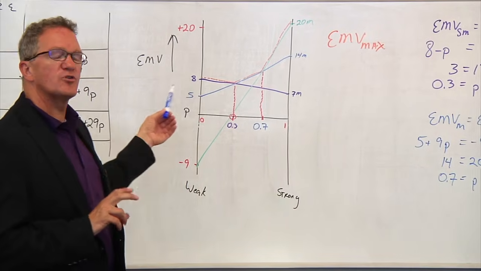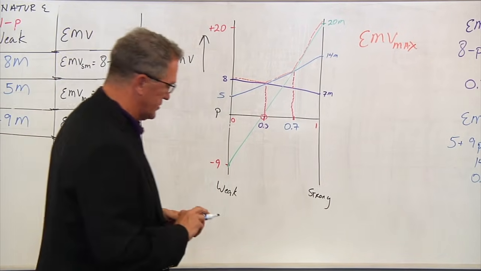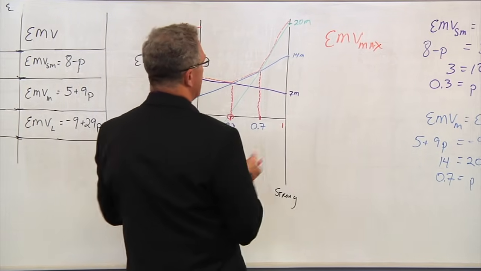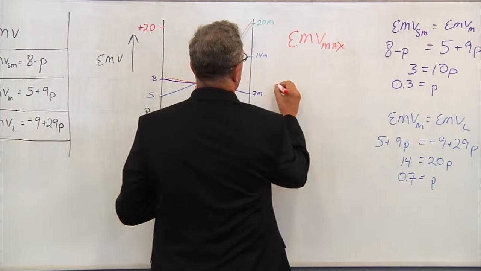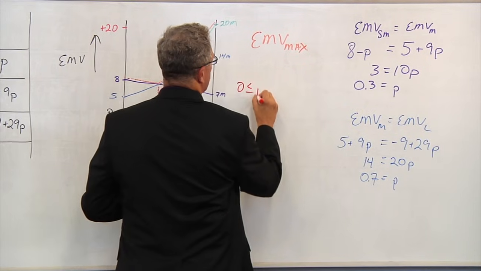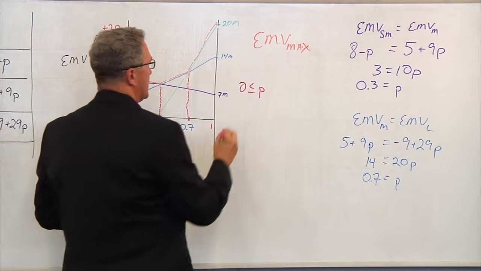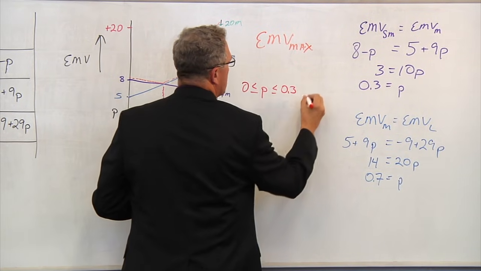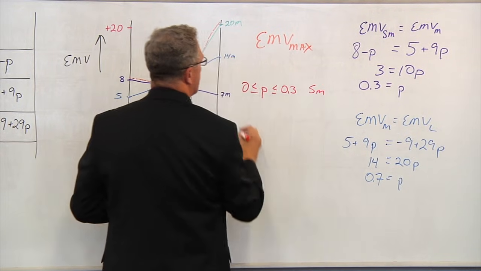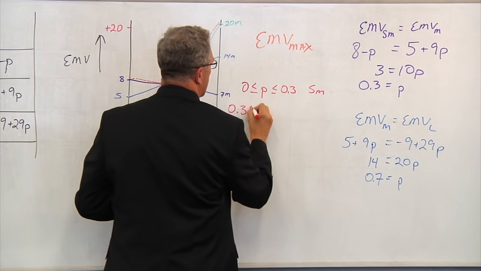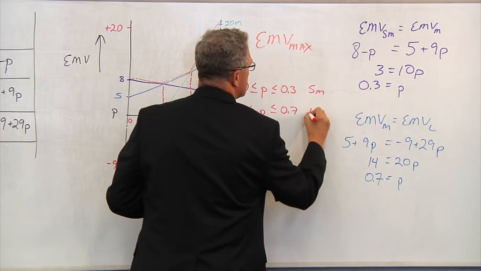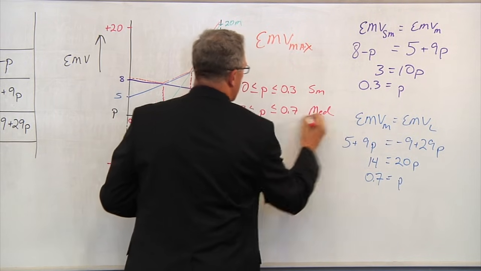We now can, of course, build another model off of this. We can sit there and say, just like we did earlier, if 0 is less than or equal to the probability of strong demand is less than or equal to 30%, we would choose to invest in small. If the probability is between 30 and 70, we would choose to invest in medium.